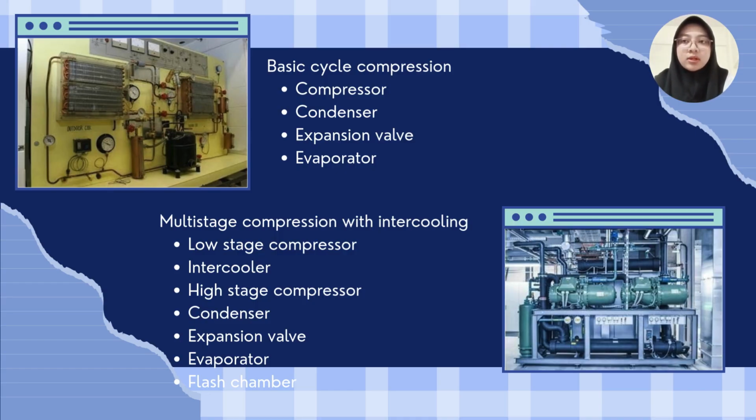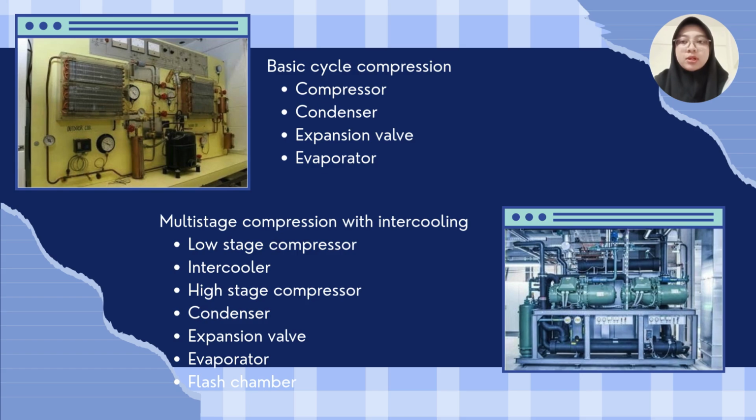In Figure 1, the basic vapor compression refrigeration cycle consists of four components: compressor, condenser, expansion valve, and evaporator. It operates in the following steps. Evaporator: the low-pressure liquid refrigerant absorbs heat from the refrigerated space and evaporates into vapor.